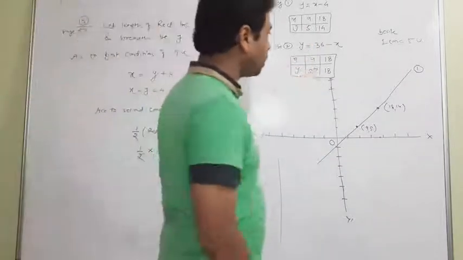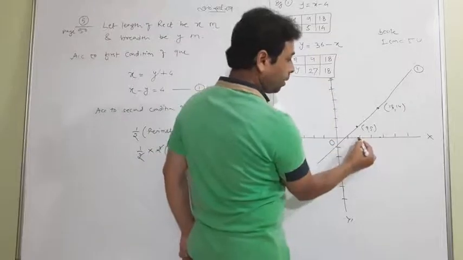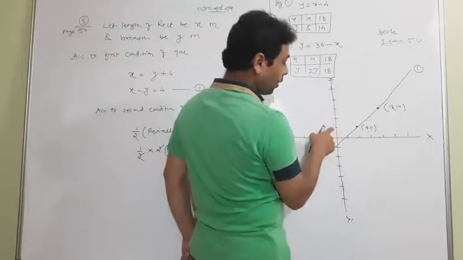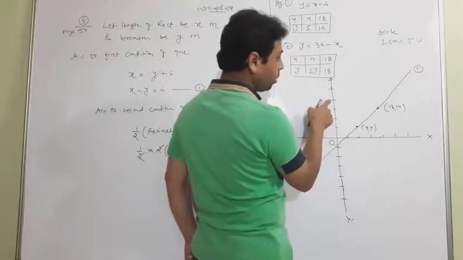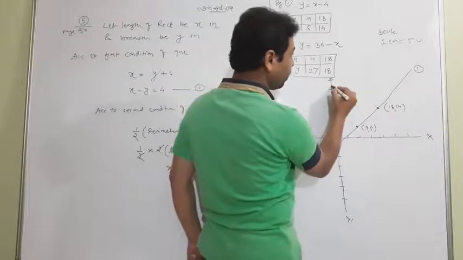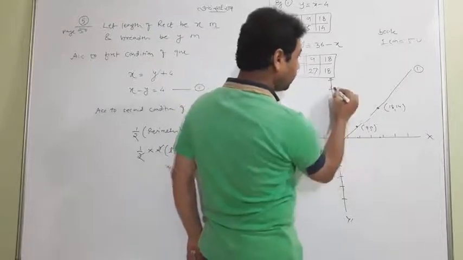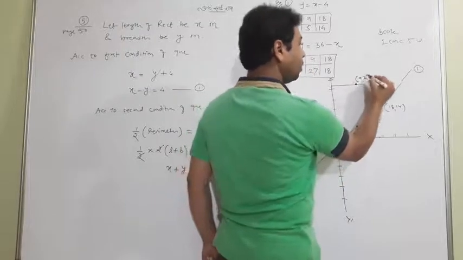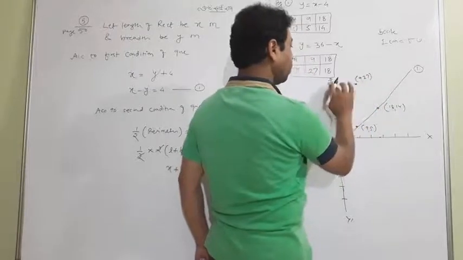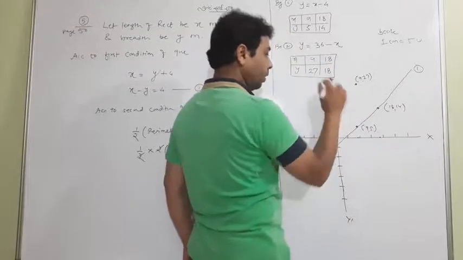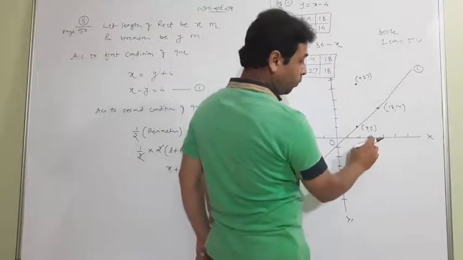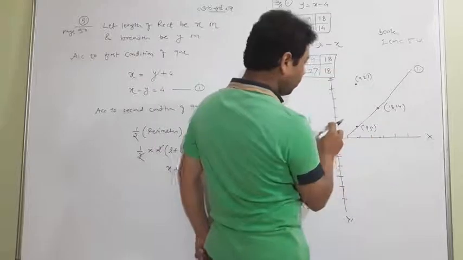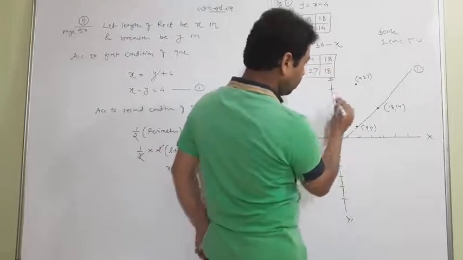Now go with the second. 9, 27. 9 is here. But where is 27? 5, 10, 15, 20, 25. 27 is approximately here. So 9 and 27 is this point. What is the next point now? 18, 18. 5, 10, 15. It is 18 here.